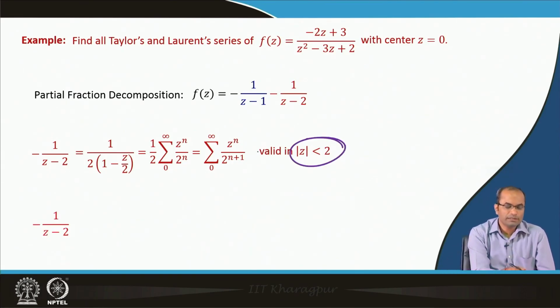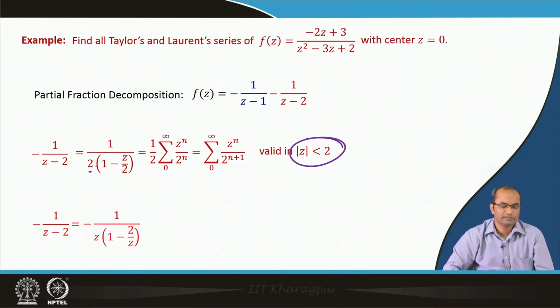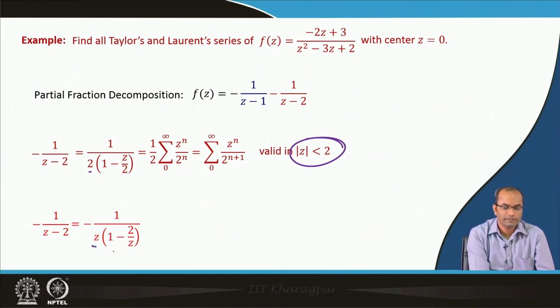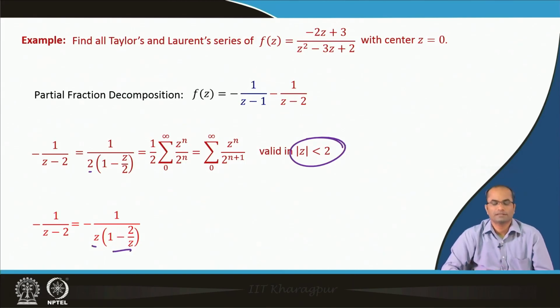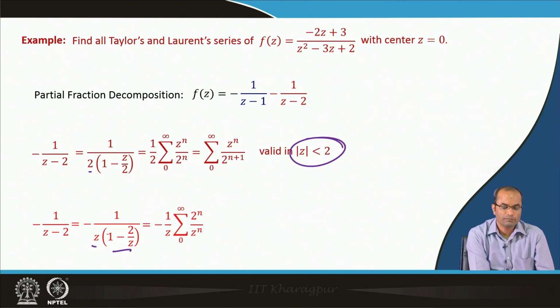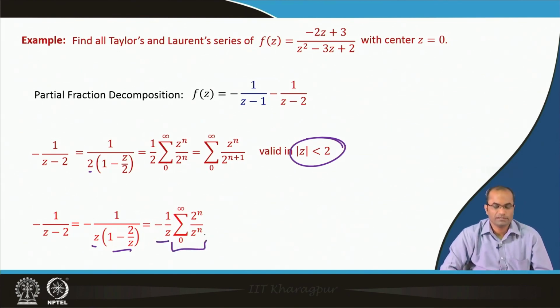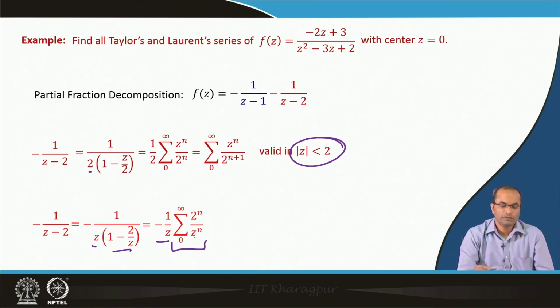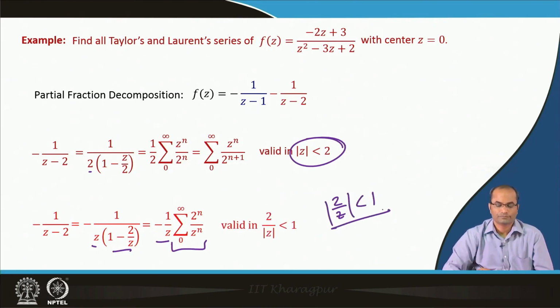The other possibility is that instead of taking this 2 common, we can take z common. So we have z there, and then we have again 1 minus, instead of z, now 2 over z, and we can again write the expansion. So we have minus 1 over z, and then the expansion of 1 over 1 minus 2 over z, which is 2 over z power n, and the validity will come from 2 over z less than 1.